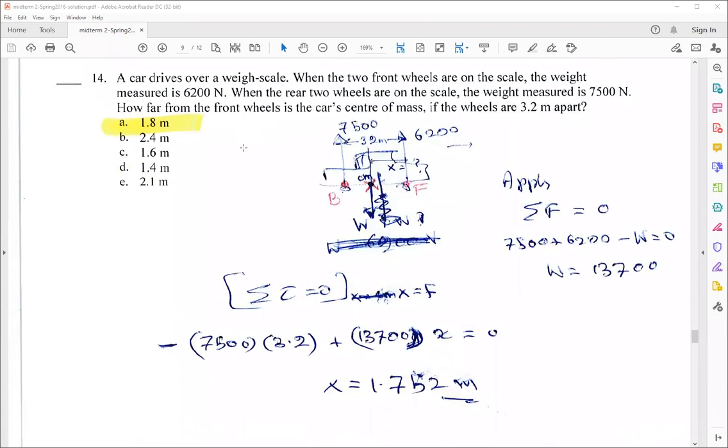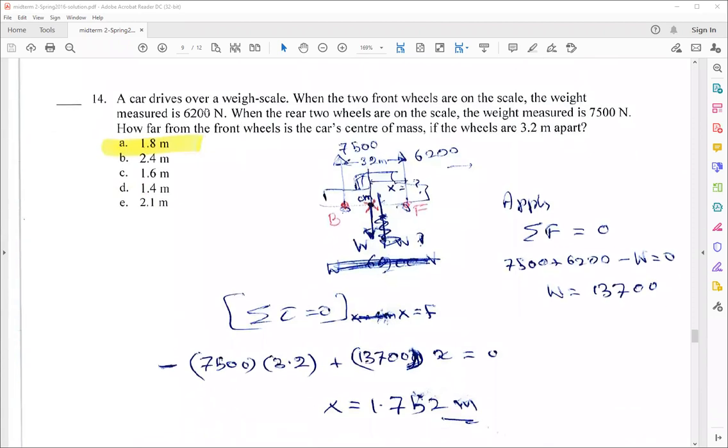Now, question 14. A car drives over a weight scale. When the two front wheels are on the scale, the weight measured is 6,200 newtons. When the two rear wheels are on the scale, the weight measured is 7,500 newtons.